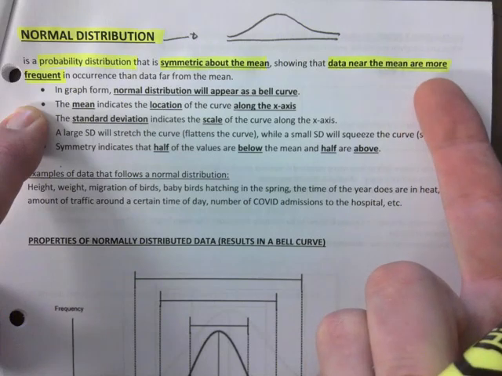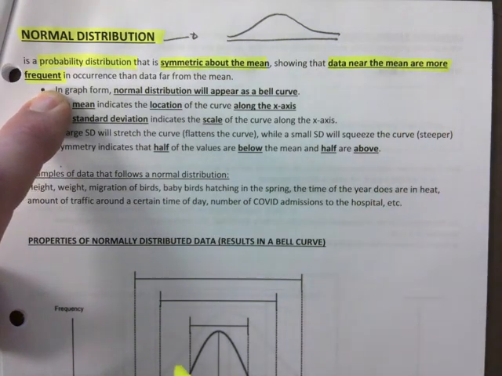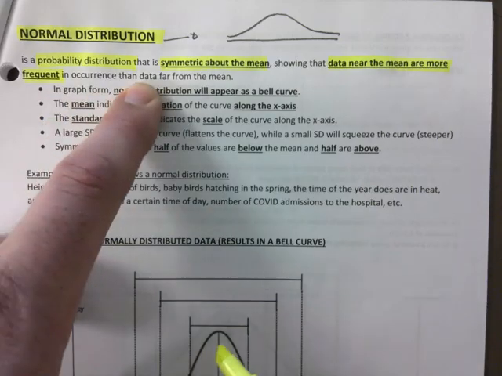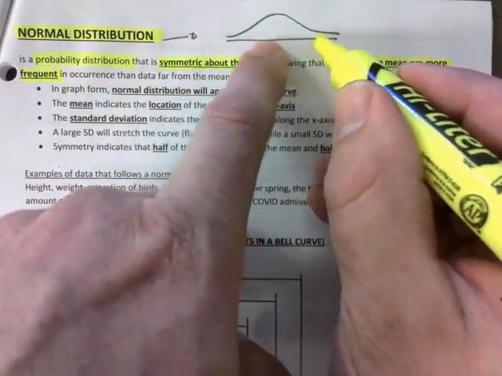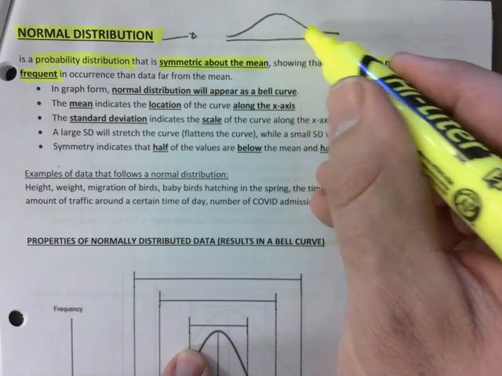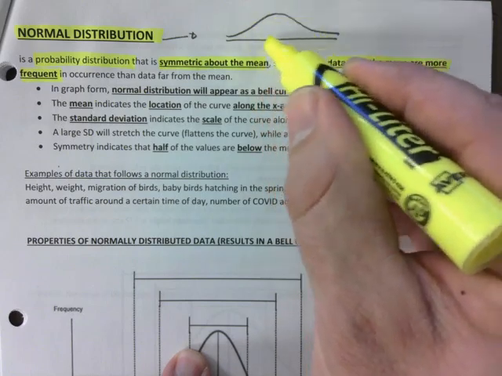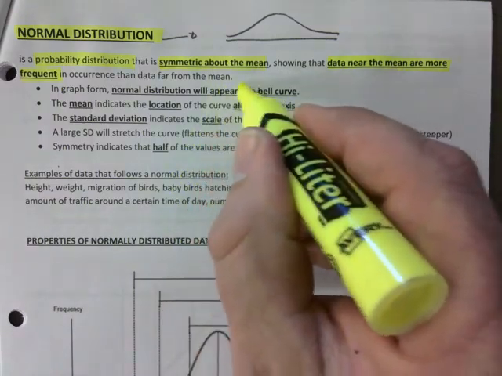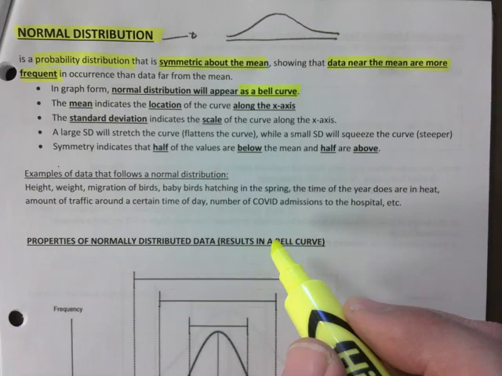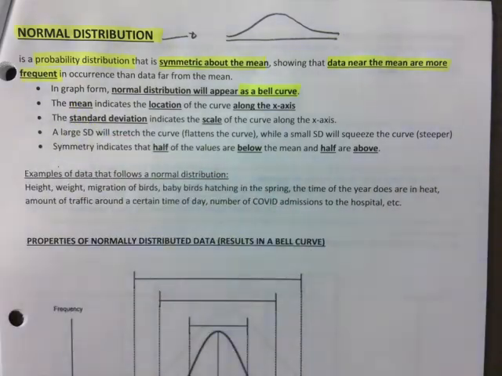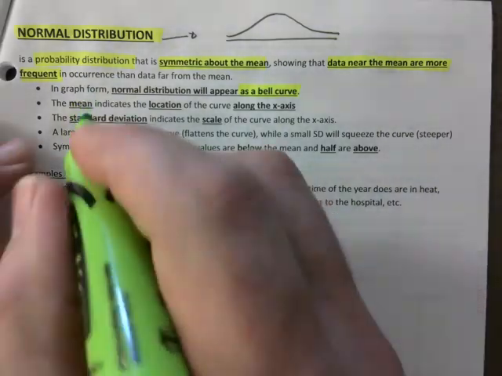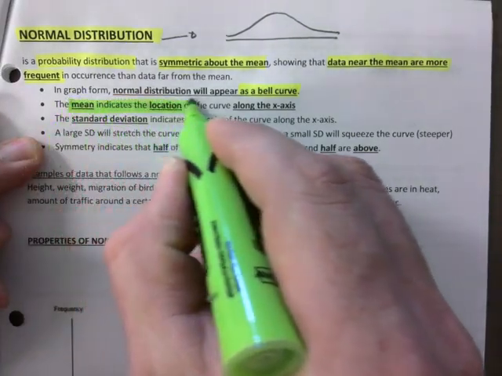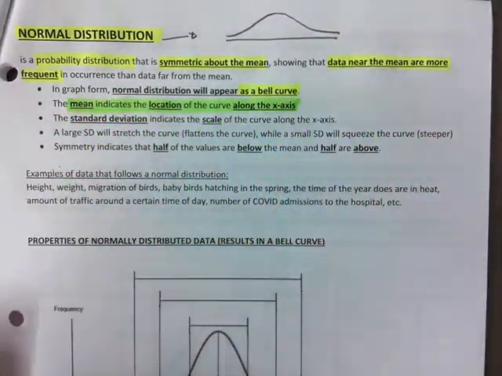Data near the mean are more frequent, and if you move away from the mean, there's less. So this is almost like, imagine a histogram where most of your data is in the middle, and it will appear as a bell curve. Watch this. I'm going to give this a different color because this is important. Mean indicates the location of the curve along the x-axis.